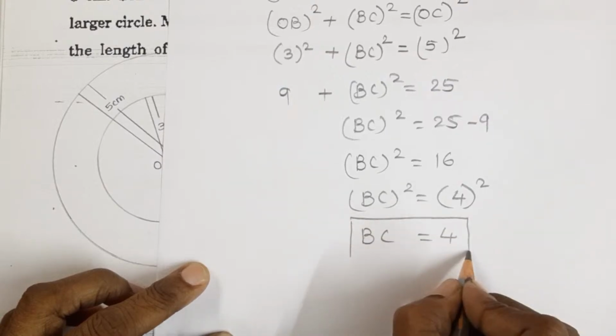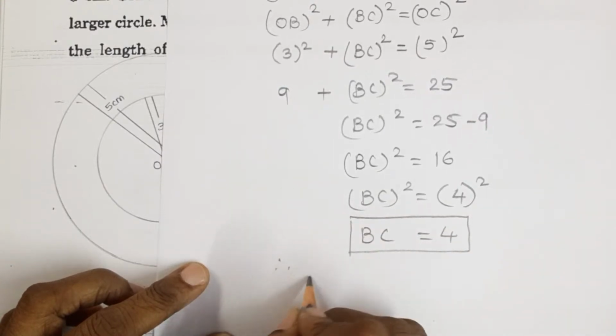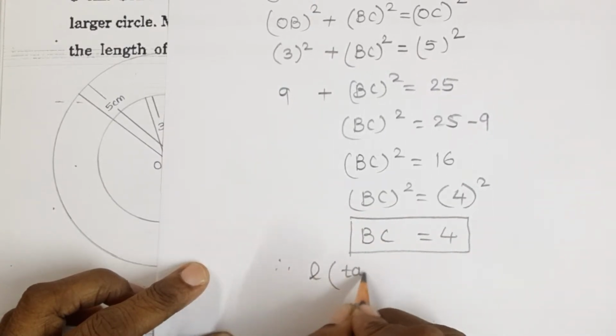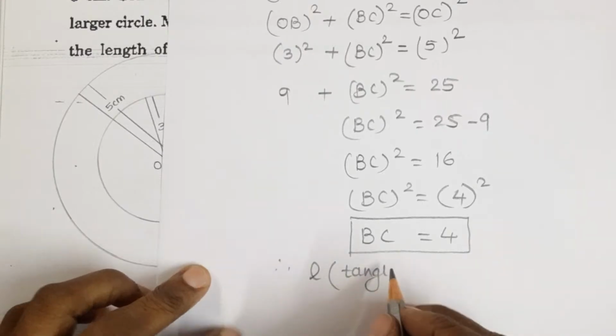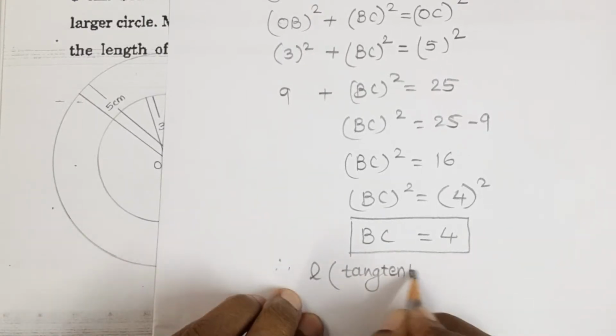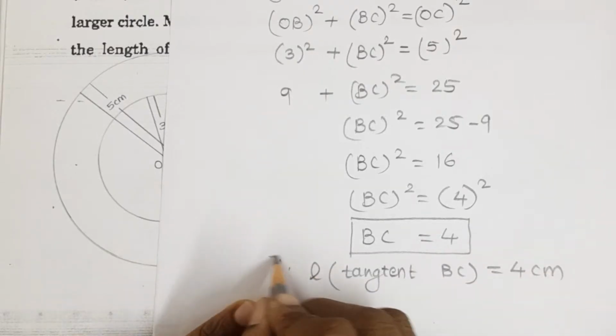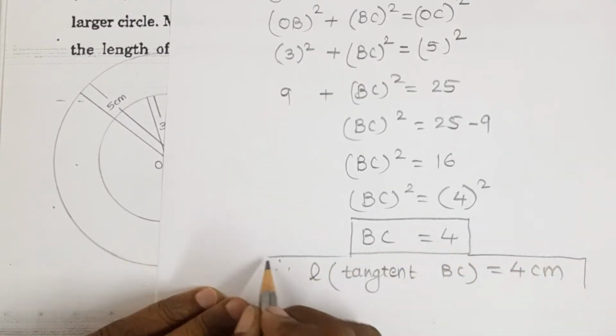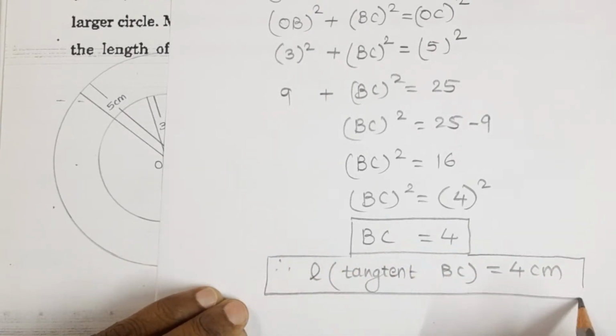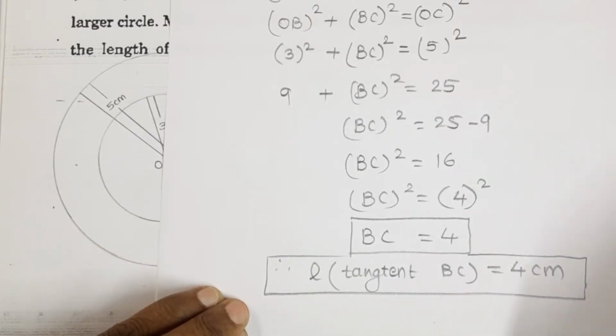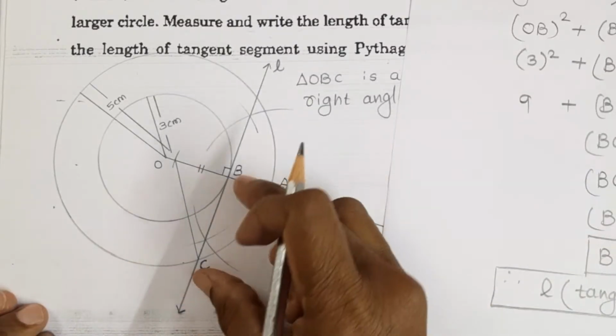So the length of tangent BC is equal to 4 centimeter. Okay students, and by the measurement, by the scale, that will also be 4 centimeter.